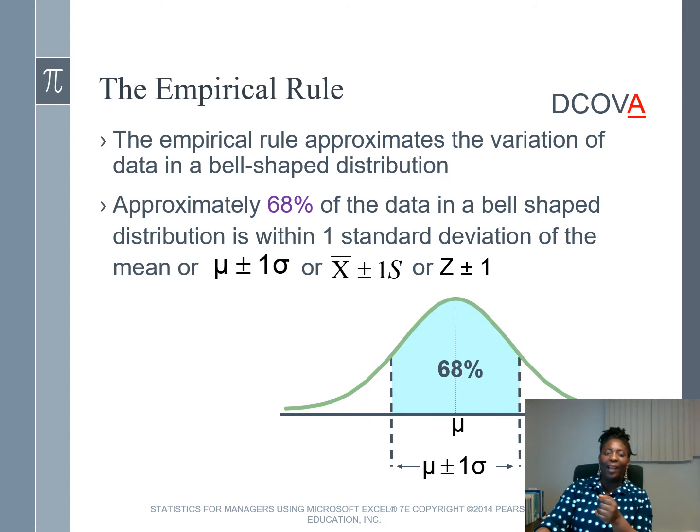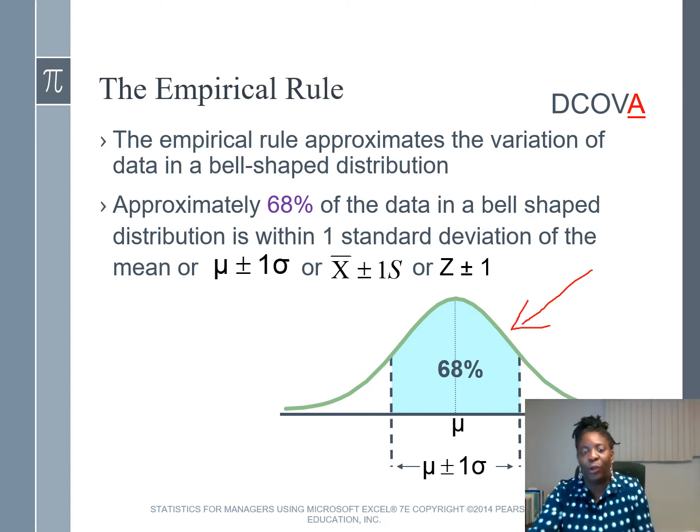This is what we call a normal distribution. A symmetrical polygon is called a normal distribution, and it's called normal because that is normally the shape of all data in a population. The larger the data in the population, the more it exactly resembles this distribution here. So the empirical rule approximates the variation of data in a bell-shaped distribution.